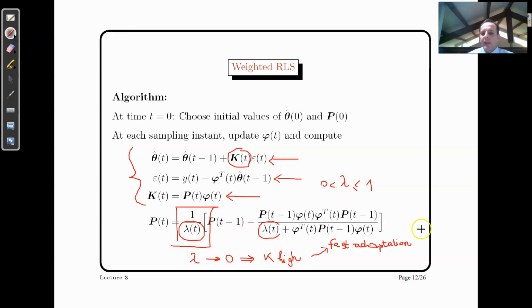which I put here as a positive aspect, like a smiling face. On the other side, K, which is high, means that the algorithm is sensitive to noise.